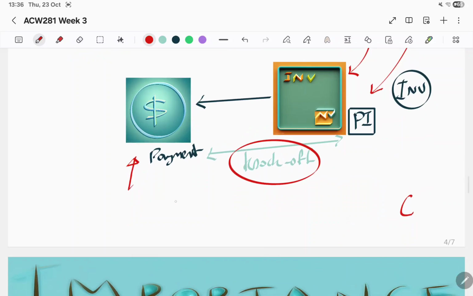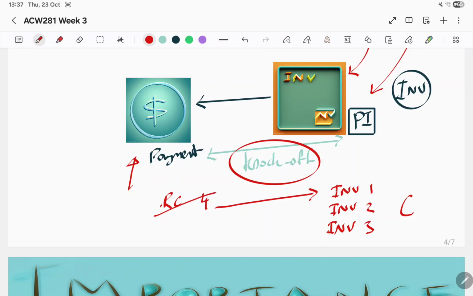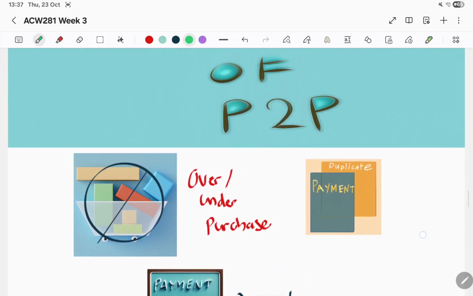When it is knocked off, it means that, let's say over here there's invoice 1, invoice 2, invoice 3, and if you have this process ready, you got this receipt, maybe receipt number 4 is for this, then you have knock off, means you have cancelled off this one, and you will not pay this again anymore, right? Because you already paid it already.